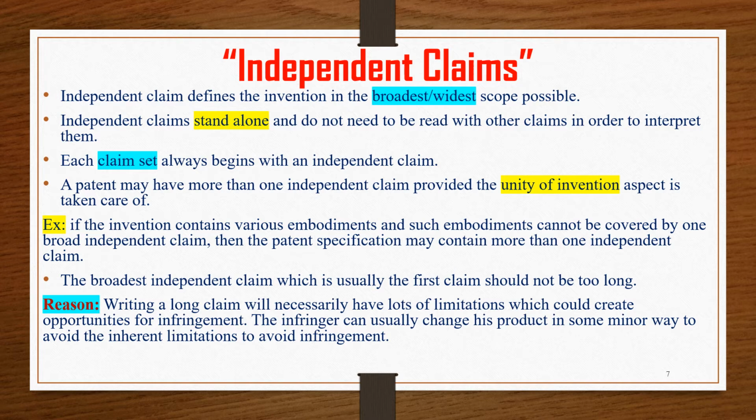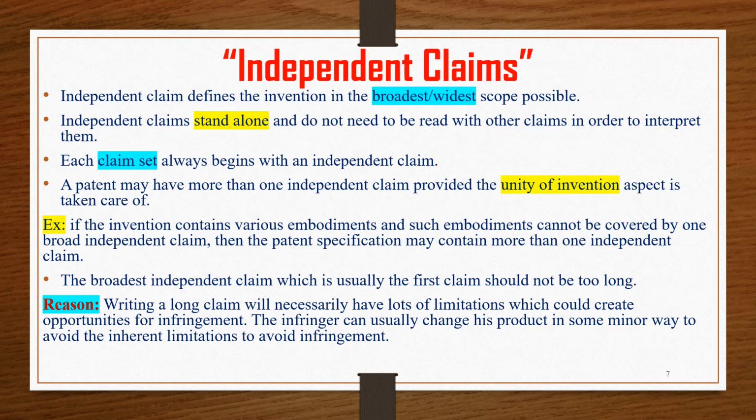Point number four. A patent may have more than one independent claim, provided the unity of invention aspect is taken care of. Where the aspect of unity of invention is there in this situation, that means a patent can have more than one independent claim.